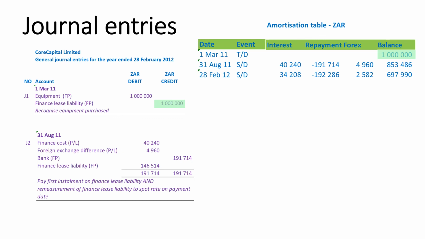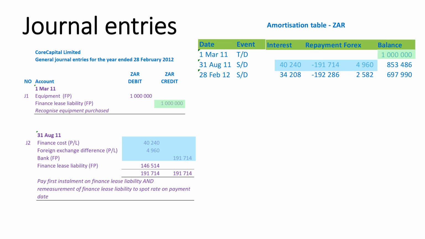Your next transaction that you will journalize will be on 31st August 2011, and this is your movement that you would extract out of your amortization table. So you will debit finance cost profit or loss for 40,240, debit Forex difference profit or loss 4,960, credit bank financial position 191,714, and your balancing figure will be finance lease liability financial position 146,514.